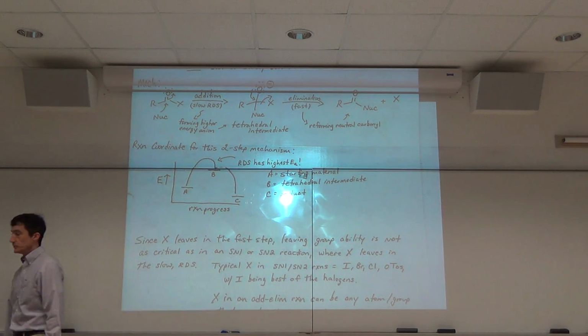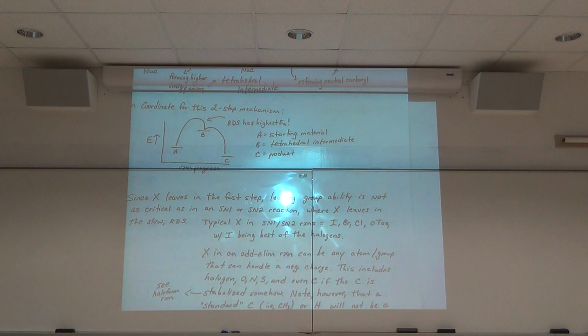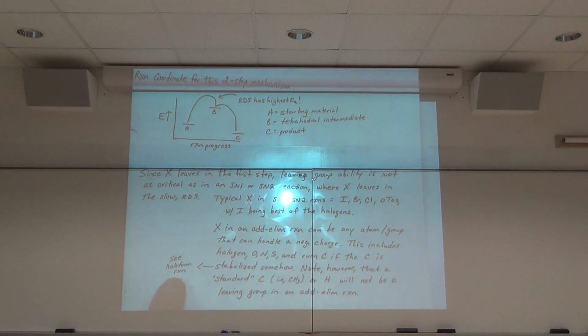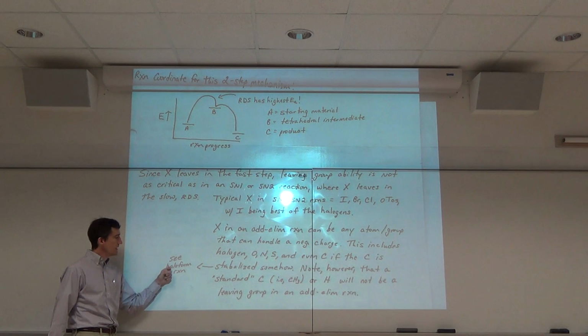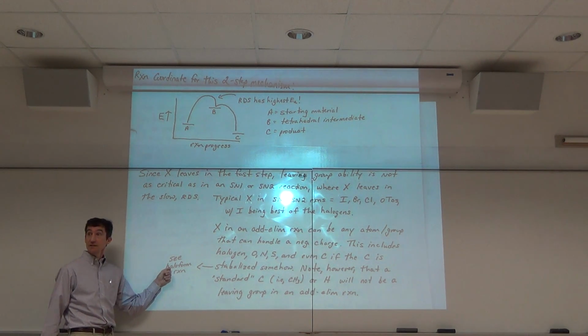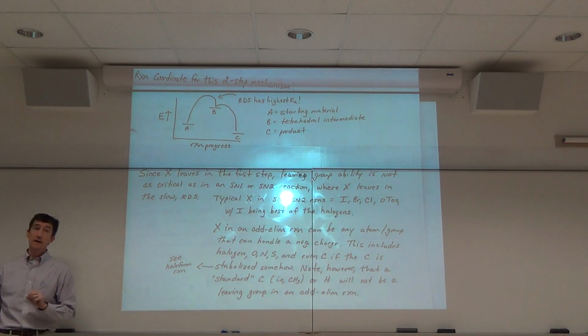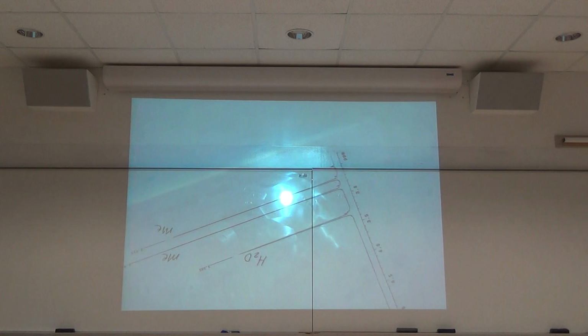Iodine is the best in SN1, SN2. We'll even see carbon leave at some point. This is a carbon that's going to leave. It's a stabilized carbanion. Addition elimination.